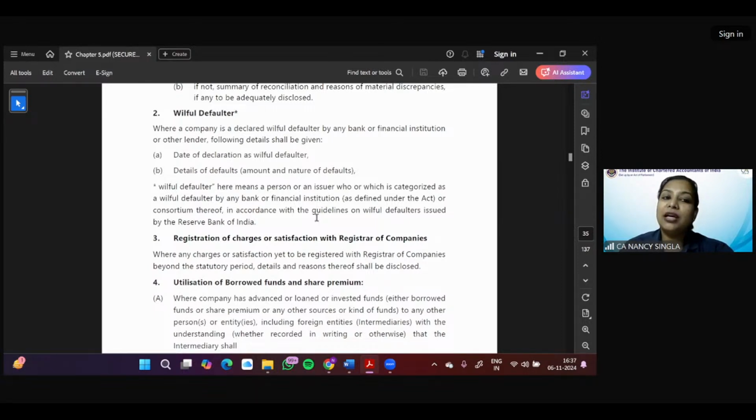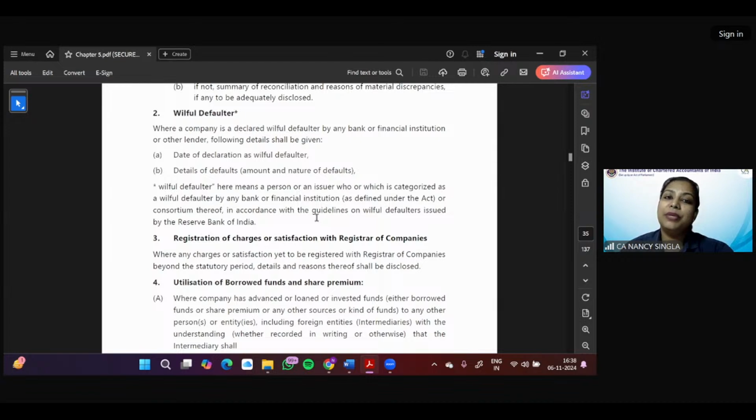So, where a company is declared as a willful defaulter by any bank or financial institution or any other lender, the following details shall be given: the date of declaration as willful defaulter and the details of the defaults, amounts, or the nature of the defaults. And willful defaulter here means a person or an issuer who or which is categorized as willful defaulter by any bank or financial institution or consortium thereof in accordance with the guidelines on willful defaulters issued by the Reserve Bank of India.